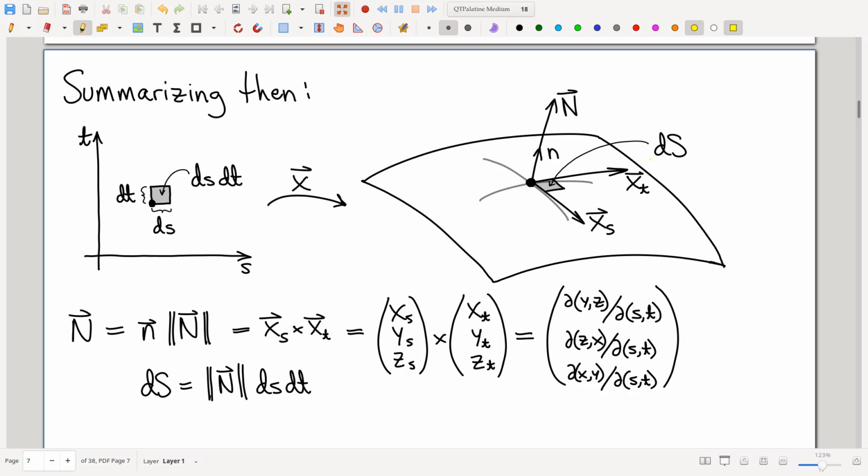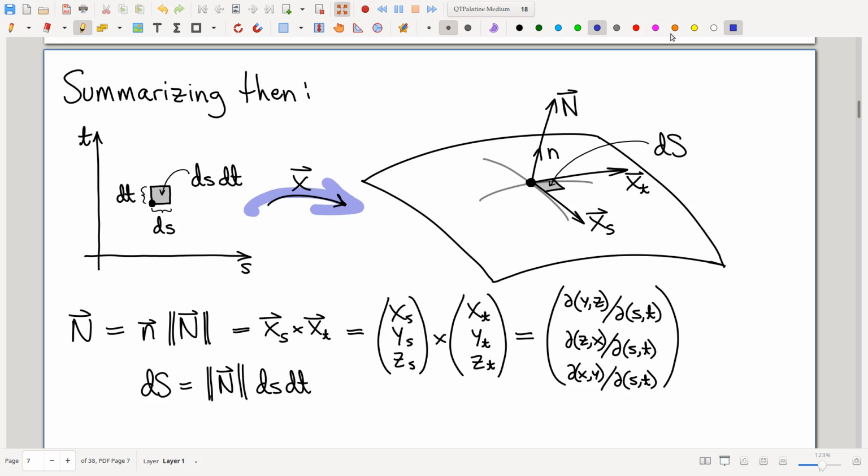We have a parameterization. Position on our surface is a function of parameters. In general, let's call them S and T. You can call it whatever you want. I was using phi and theta because we were thinking about the sphere specifically.